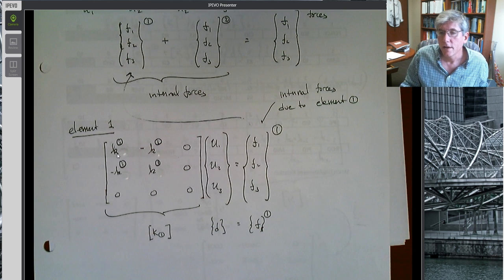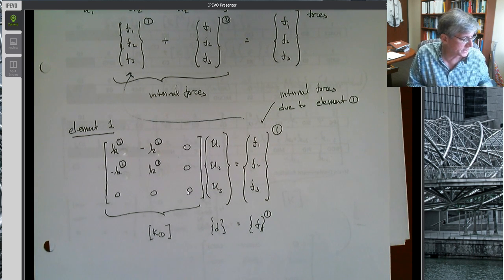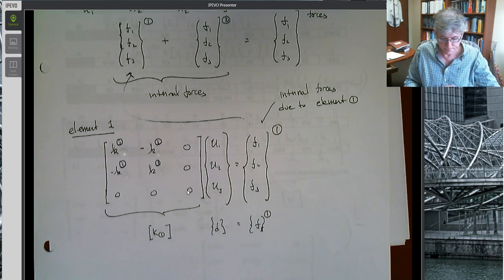It's our element stiffness matrix that we derived in step 4, and you can see we've just expanded it with these zeros because the first element only relates displacements at nodes 1 and 2 to the forces at nodes 1 and 2. But we've augmented it to put zeros here, so it's the same size as the global stiffness matrix.